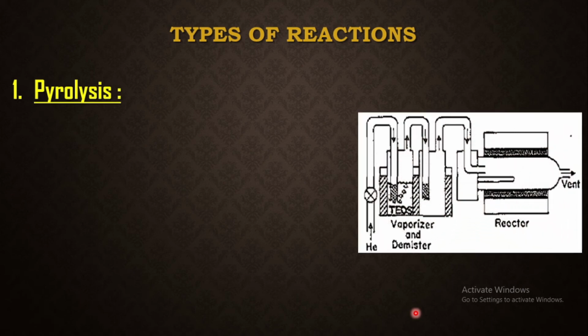And this diagram represents the pyrolysis of tetraethyl orthosilicate, which is generally known as TEOS, to produce silicon dioxide. So it is just a typical arrangement for the pyrolysis process of chemical vapor deposition. Just in order to understand the rough idea, I have included this diagram, but actually it is not necessary for MSc level. But let us understand what pyrolysis actually is.